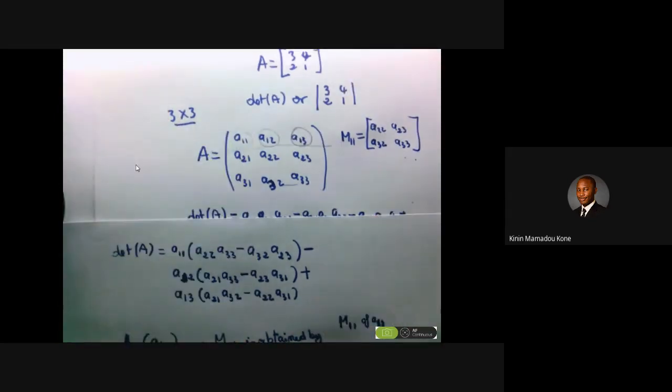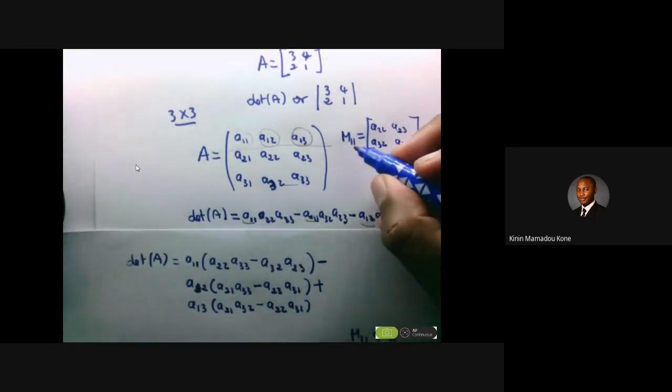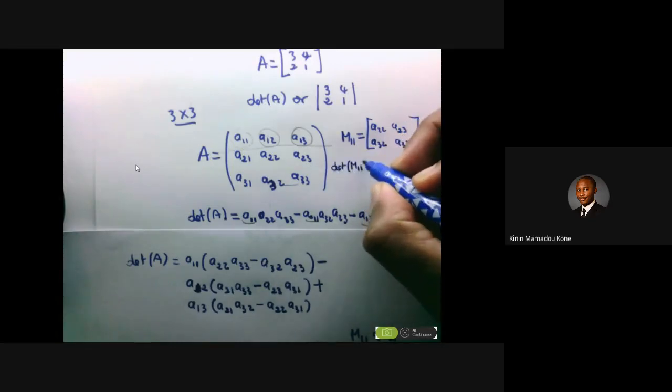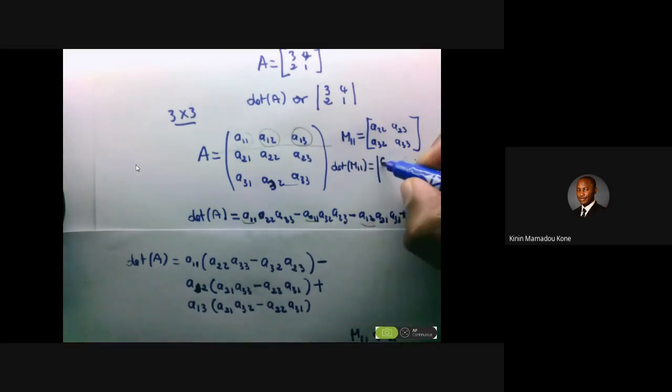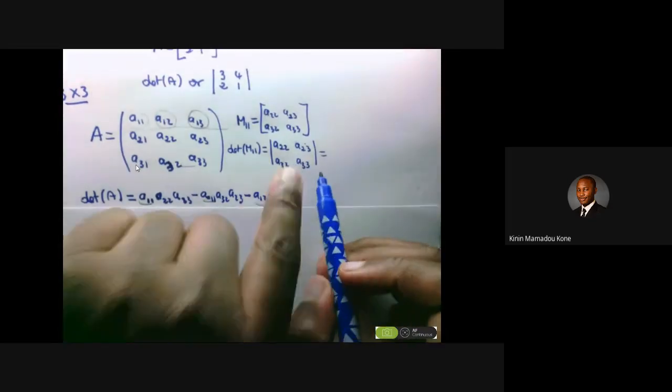Now if I take the determinant of this matrix M11, that's going to be equal to this one times this one, minus this one times this one.